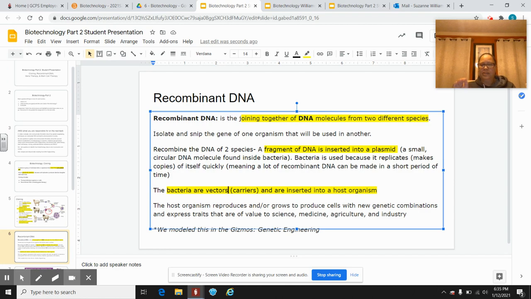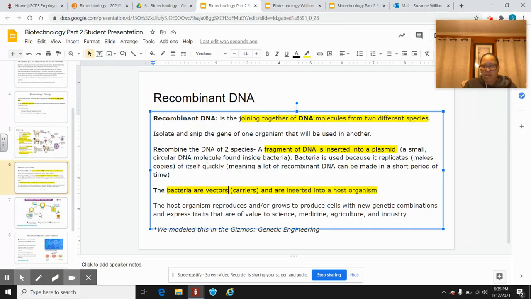And then you can take that bacteria and you can put it into a new organism and create those transgenic organisms. So if you did the Gizmos with genetic engineering, that's what they did. They put that bacteria, the plants took it up into the cells, and then each new cell that the plant made now carries that trait, expresses that trait of the transgenic recombinant DNA characteristics. So it's to make medicine, improve crops, clean up oil spills. We use recombinant DNA for all sorts of reasons.